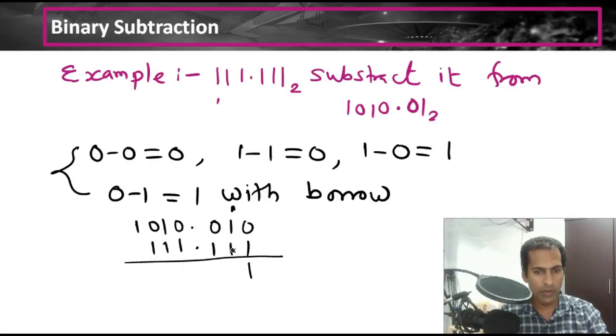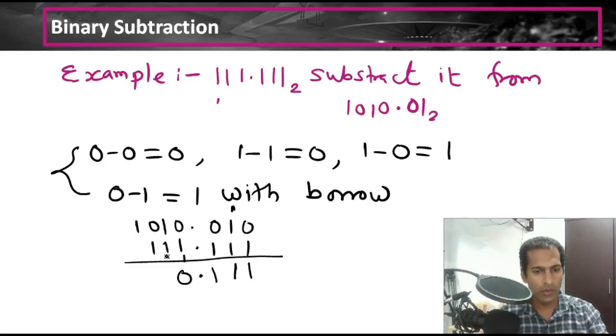So 1 minus 1, 0, then 1 minus 0, 1. It's no borrow. Then 0 minus 1, we get 1 with 1 borrow. 0 minus 1, we get 1. And 1 minus 1, we get 0, already 1 borrow is there.